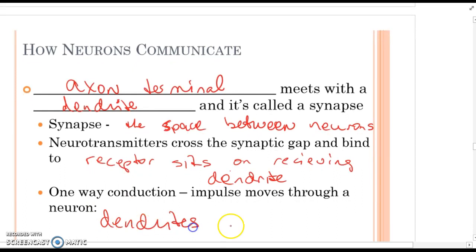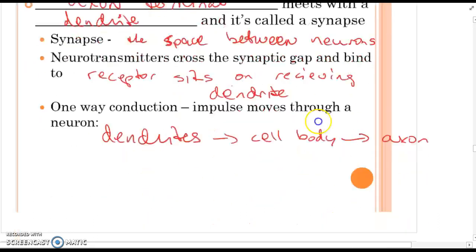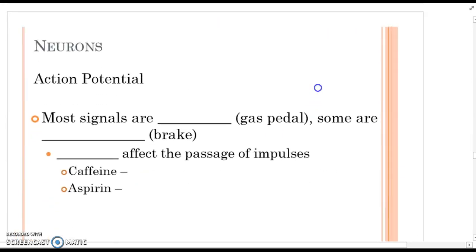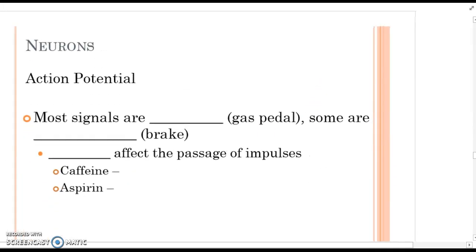You have those trees, you have the dendrites, they go to the cell body, and then they go to the axon, and then they'll again go to the dendrite, cell body, axon, but only in one direction. And just a side note here is that most signals are what they call excitatory, and some are what they call inhibitory.